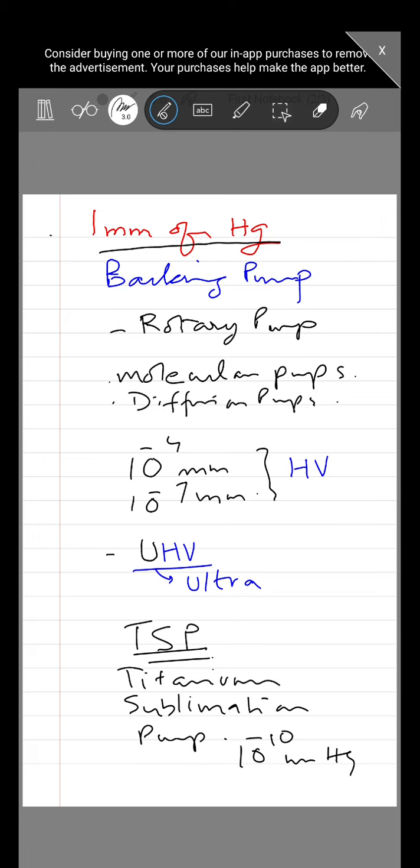Now this millimeter of mercury is the unit of pressure in vacuum techniques, and 1 mm of mercury is also called 1 torr, after the name of Torricelli.